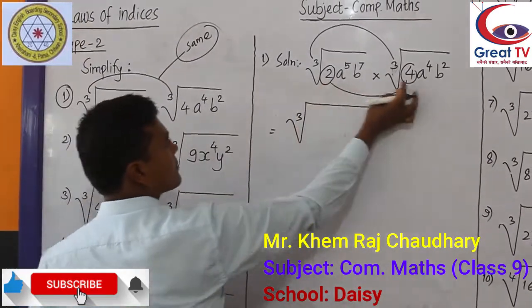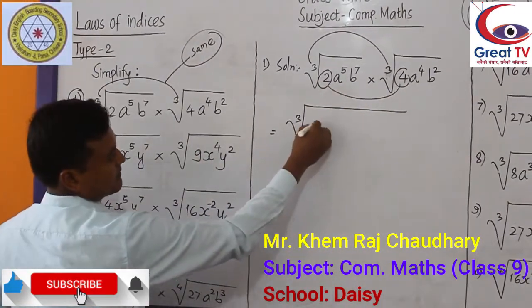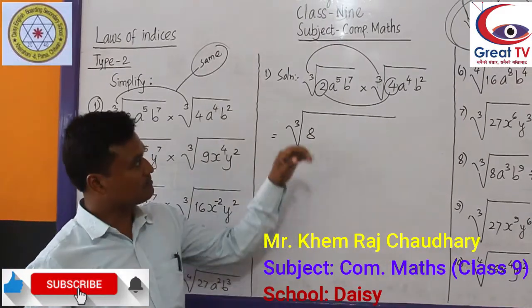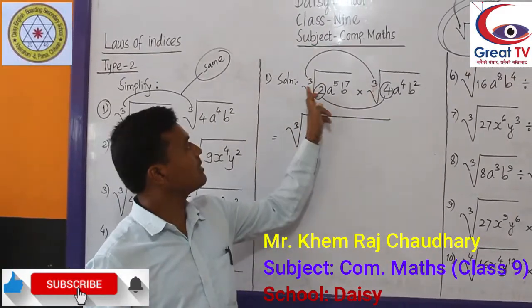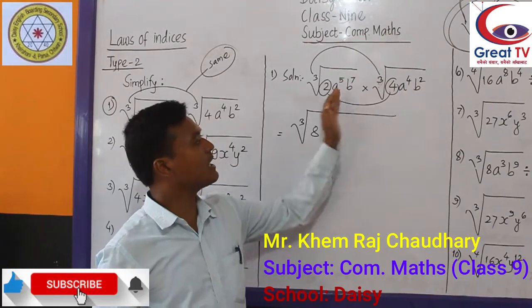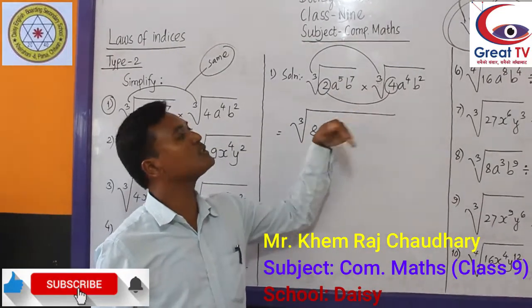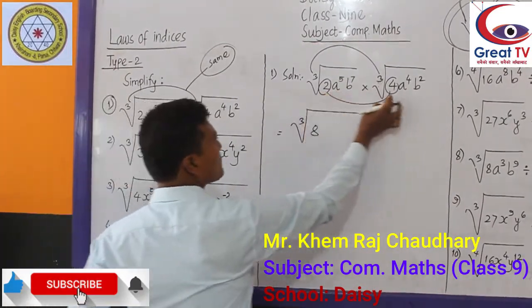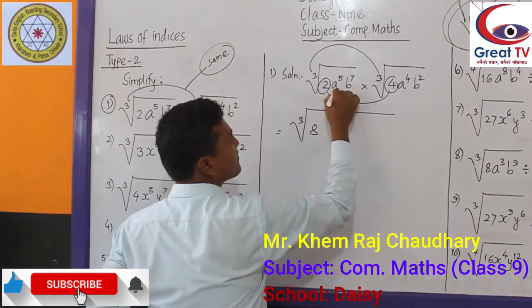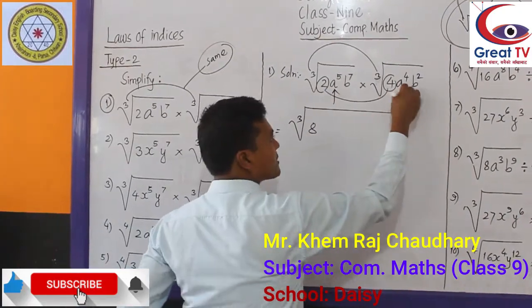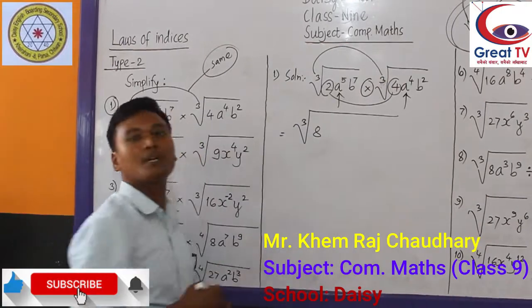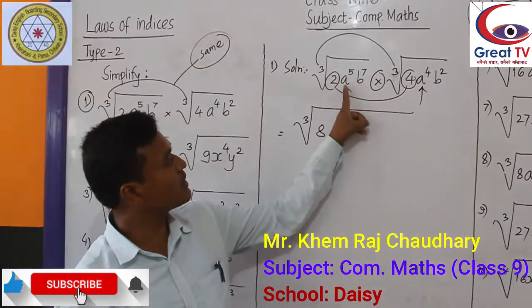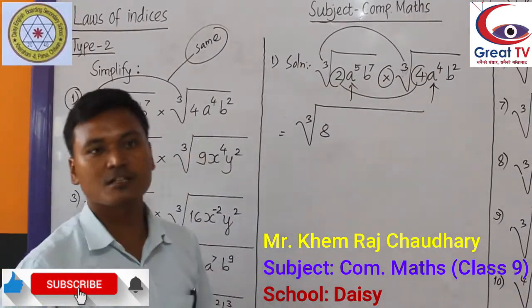We say 2 fours are 8. Check the order once more: if the orders are the same, these two can be multiplied, and if there is division, we divide. Okay, 2 fours are 8. Again, here is the base a, and here also the base a. What is the relation we have? Multiplication. In multiplication we add the powers, writing a single base.